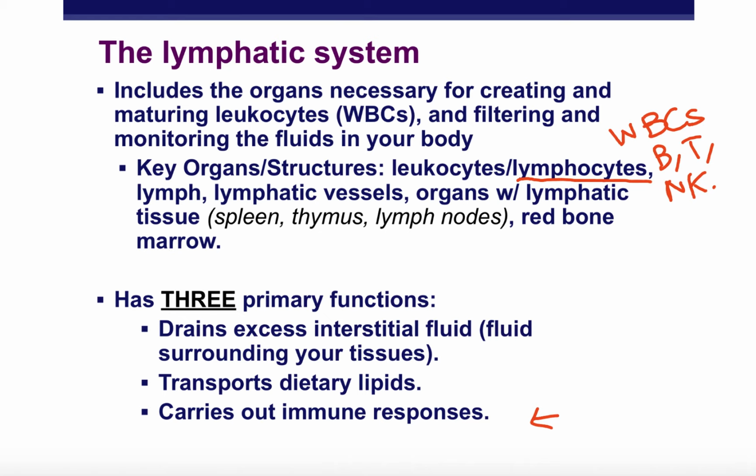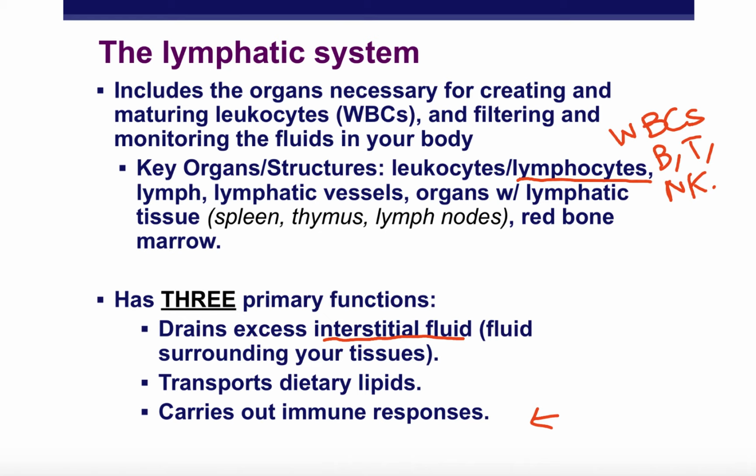For one, it's a really big system for helping to regulate and monitor and pass around your fluids in your body. So the fluids surrounding your tissues are also known as interstitial fluid, the extracellular fluids, if you recall from way back in Unit 1.